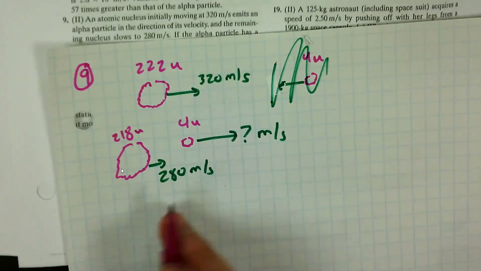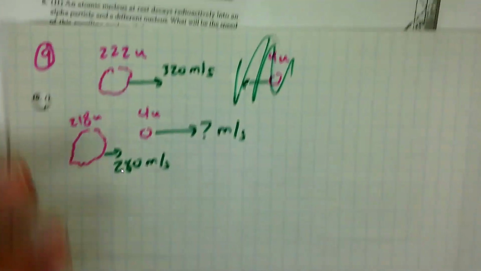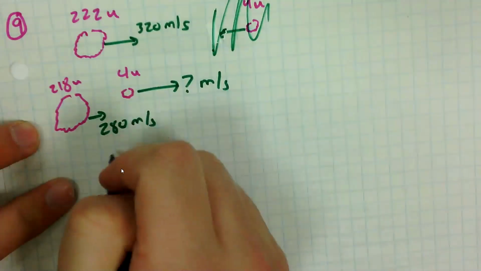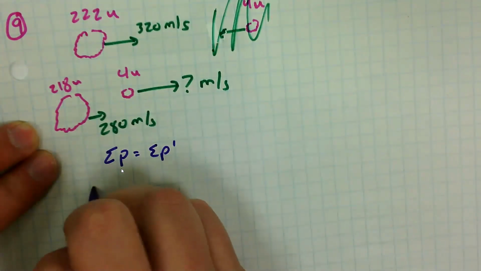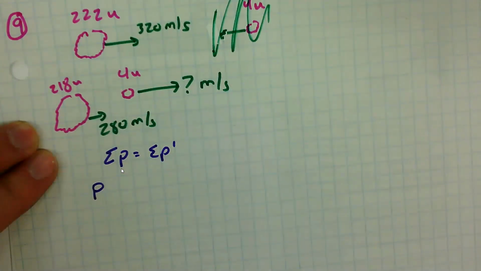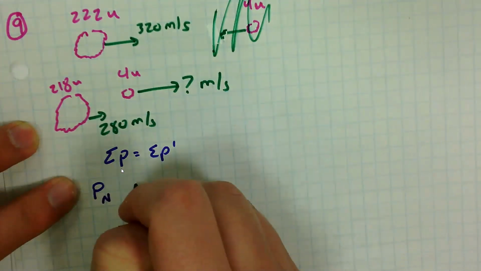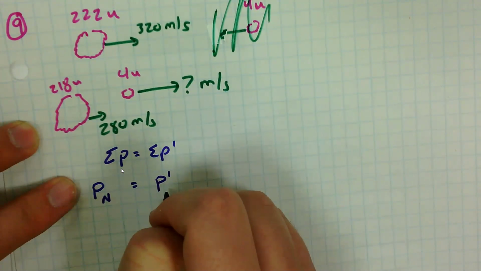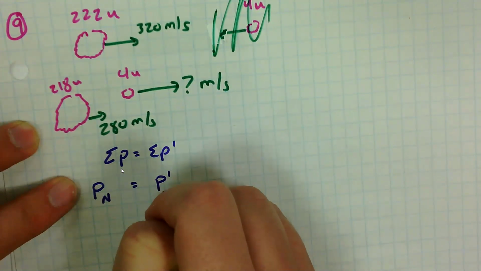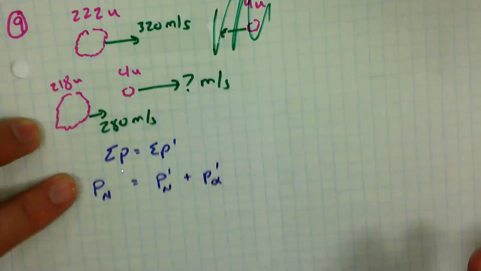Okay. So if I think about this as conservation of momentum, we have the momentum of the whole nucleus, which is going to be equal to the P prime of the second nucleus plus P prime of the alpha particle.